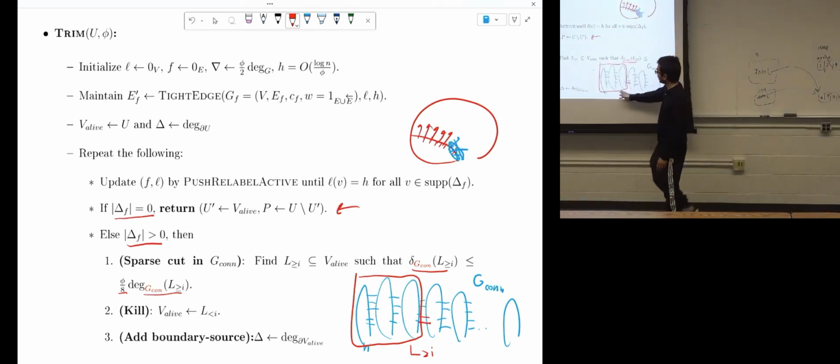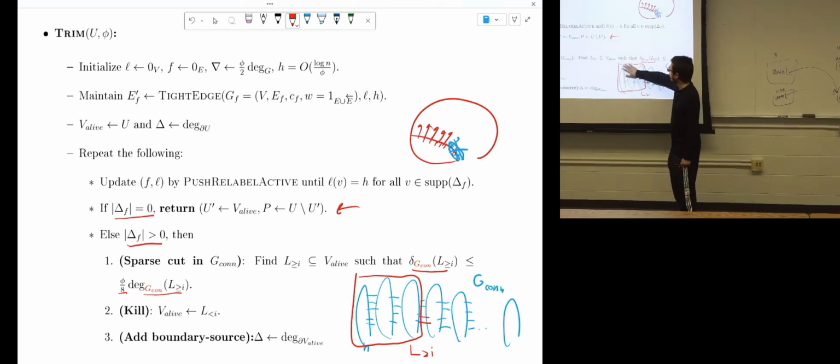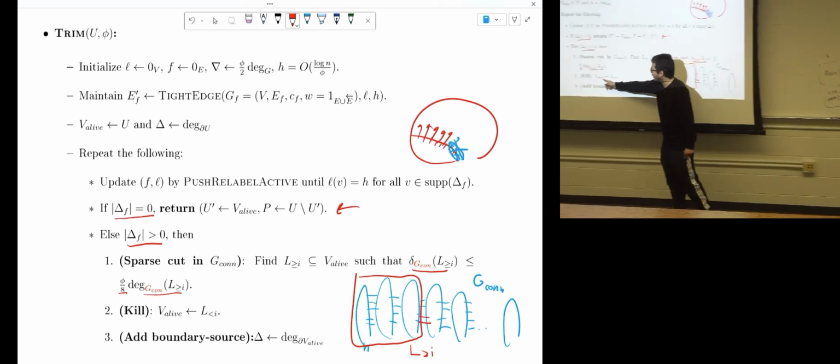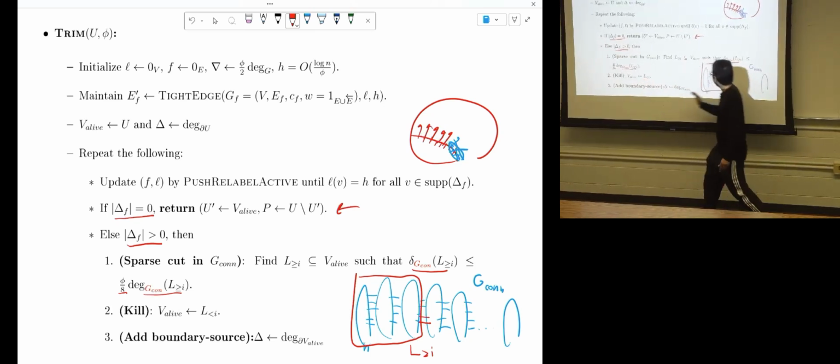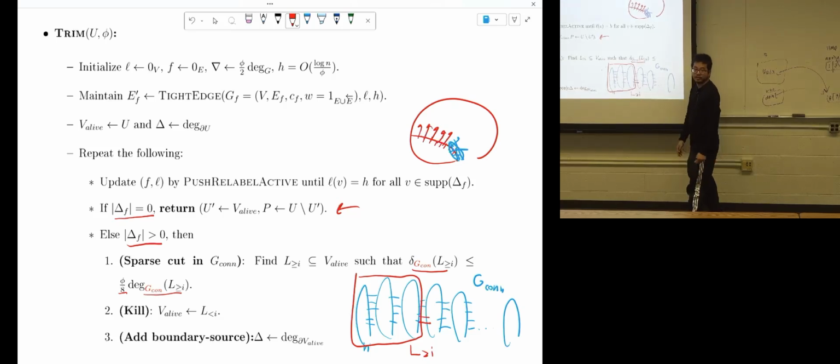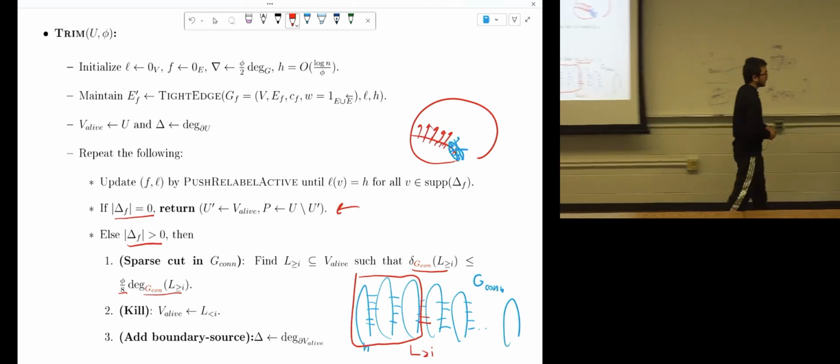And then what I do is I kill this part. This is kind of sparse. I kill it. So everything that remains alive is the level below I. And now I just do the same.